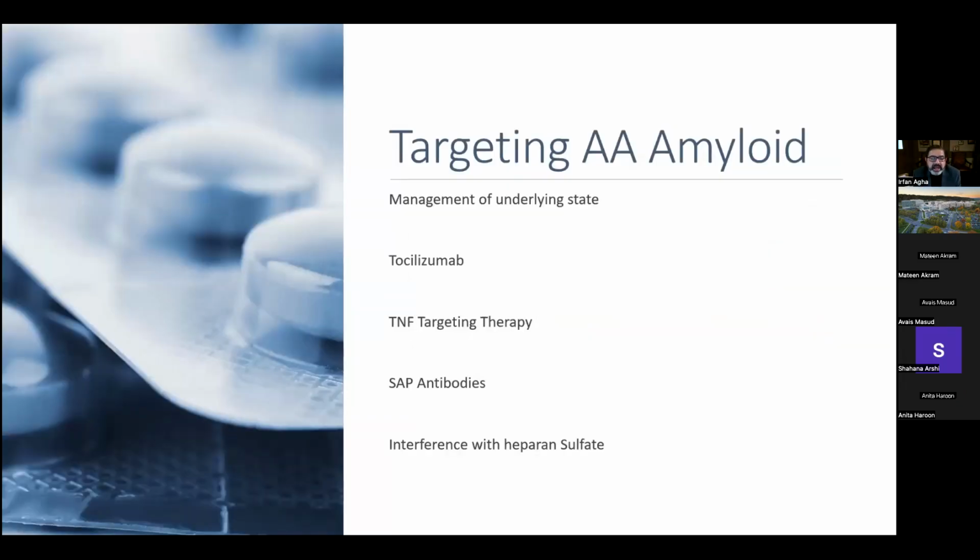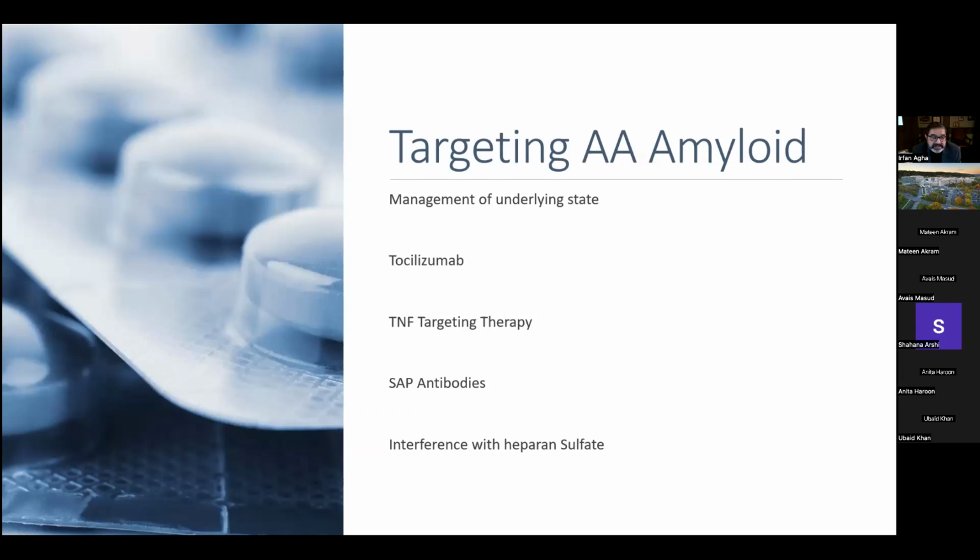How do you target AA amyloid? You manage the underlying state. So if they've got tuberculosis, you treat the tuberculosis, and eventually the SAA levels will go down. But there are ways to target amyloid, such as continuing SAA production by anti-cytokine therapy.